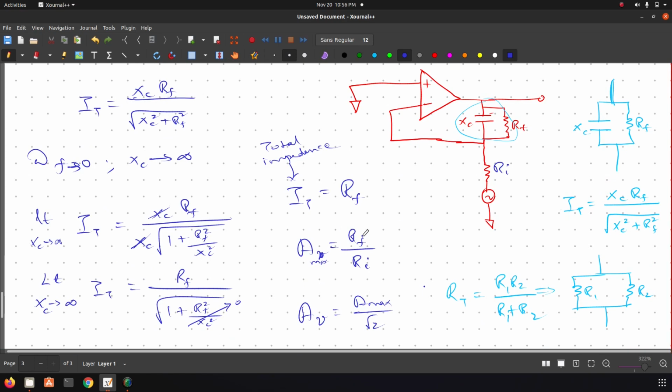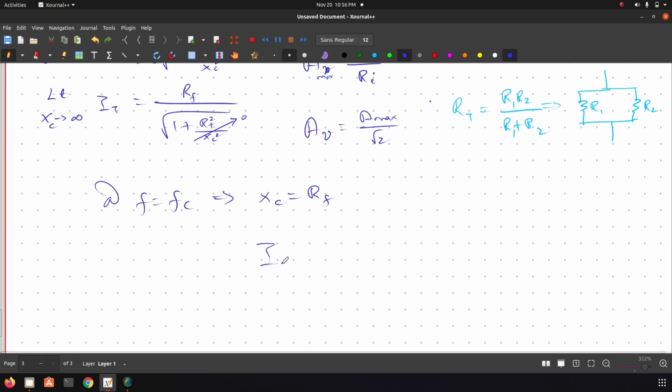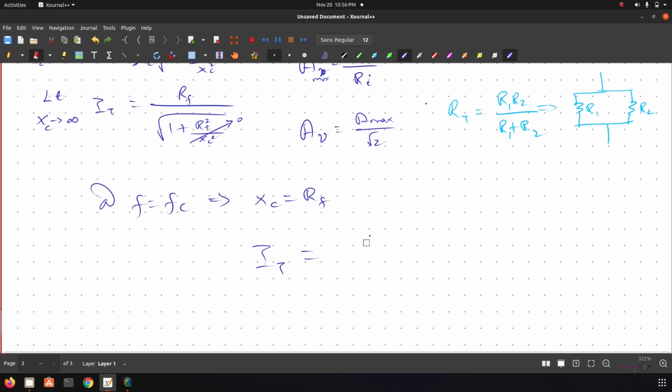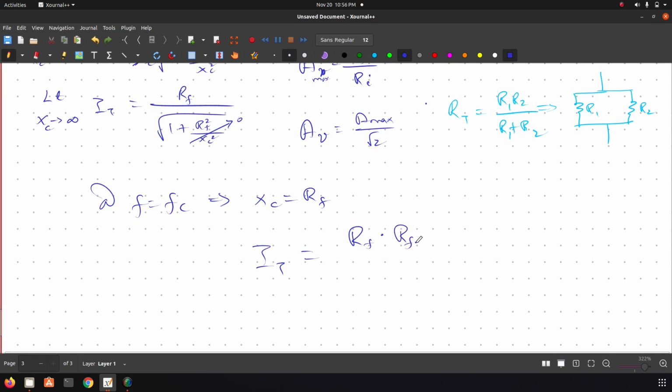In that case, what happened to the total impedance? Instead of XC, we can put RF. So RF, and here we have RF again divided by root of RF square plus RF square.